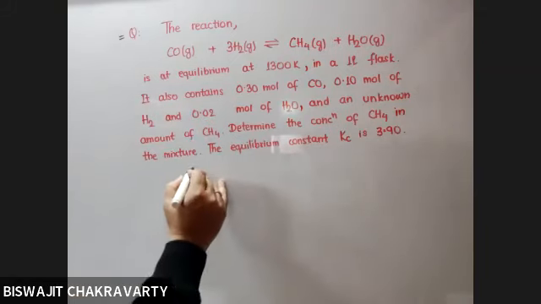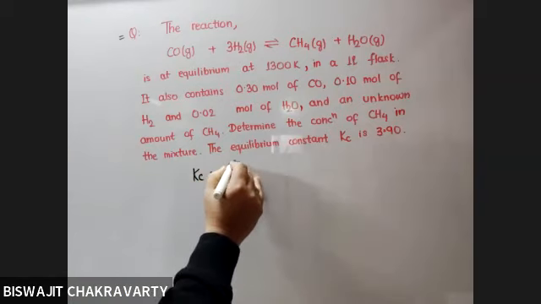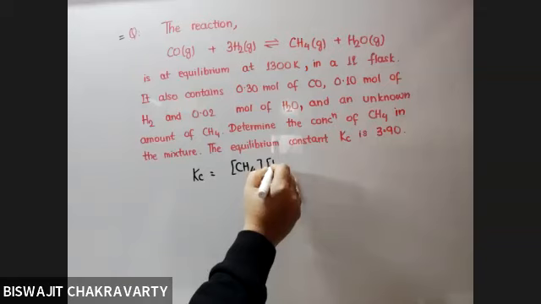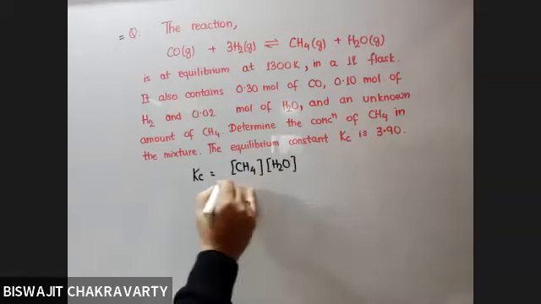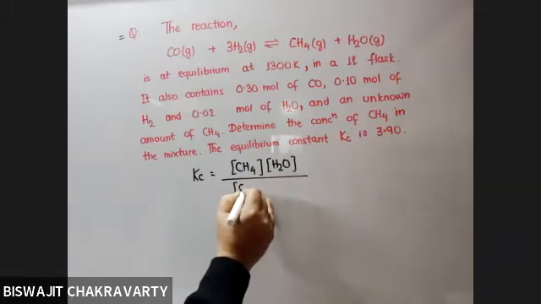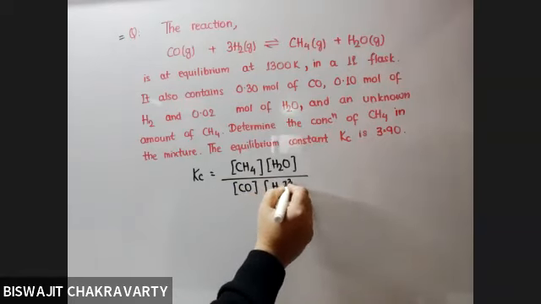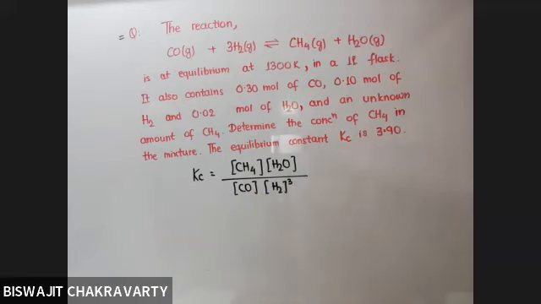What will the equilibrium constant expression be? Kc is equal to [CH4] into [H2O] divided by [CO] into [H2] cube.